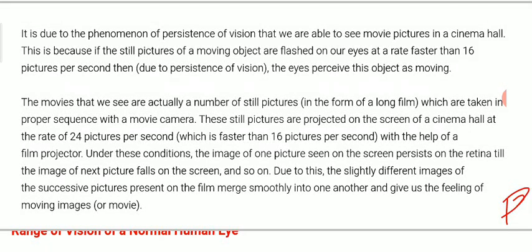If still pictures of a moving object are flashed on our eyes at a rate faster than 16 pictures per second, then due to persistence of vision, the eyes perceive this image as moving.